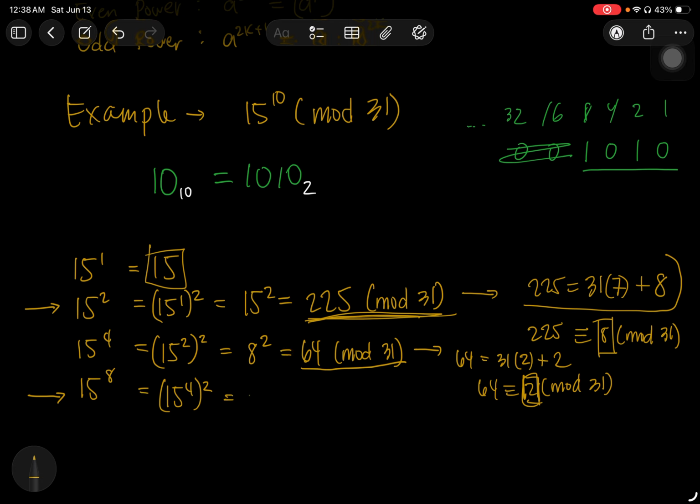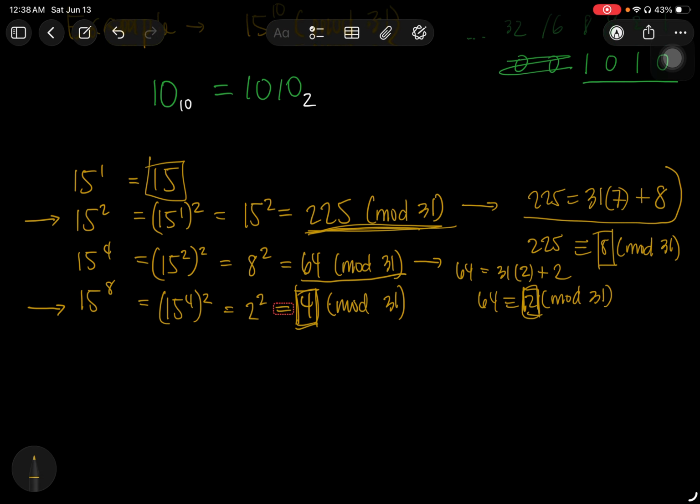So this would become 2 raised to 2, which will be equal to 4. Then for this one, since 4 is smaller than 31, it is 4 mod 31, or our answer would be 4 already.